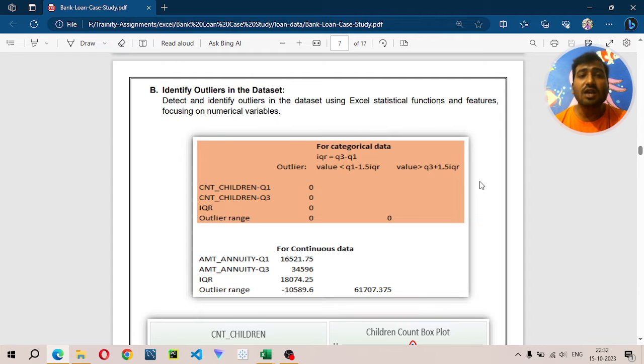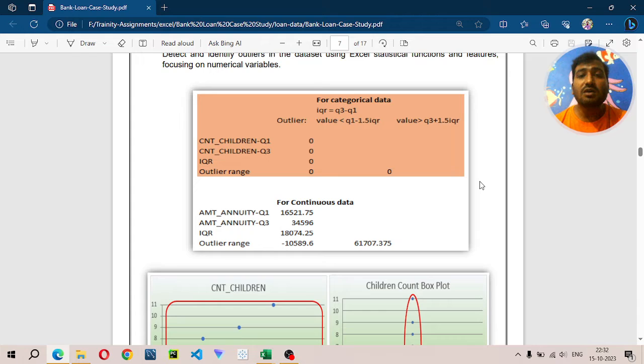To calculate the outliers, we use the interquartile range formula, which is quartile 3 minus quartile 1. After getting the interquartile range value, all those data points which are lesser than quartile 1 minus 1.5 times IQR belong to the outliers, and all those values which are greater than quartile 3 plus 1.5 times IQR will also be outliers.